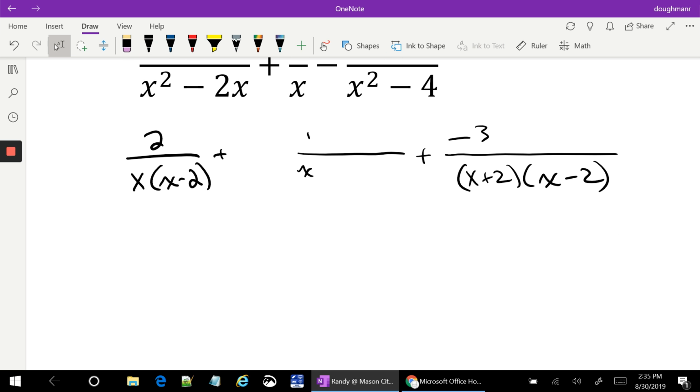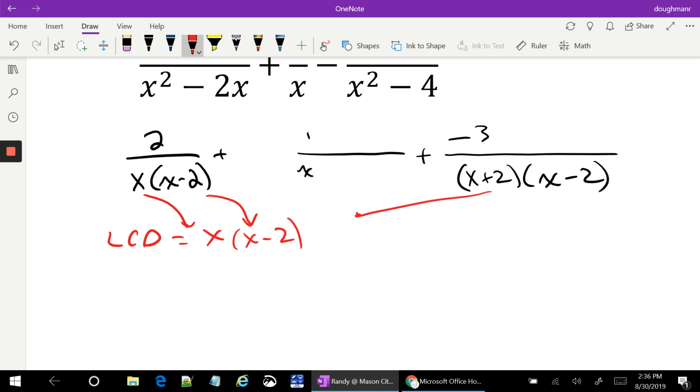So now I've got to realize what has to be in my common denominator. My least common denominator, it looks like I have to have an x and an x minus 2, and I need an x plus 2. So in order to make that happen, I'm going to multiply the first fraction times x plus 2 over x plus 2.